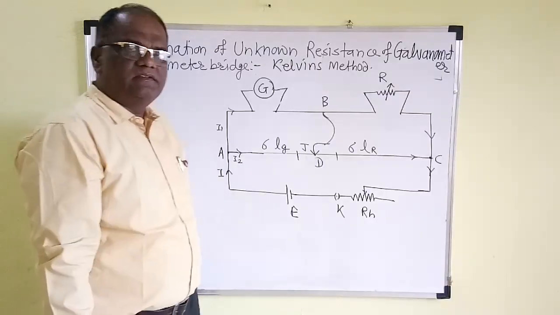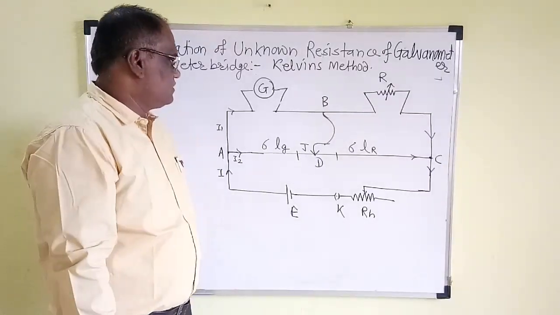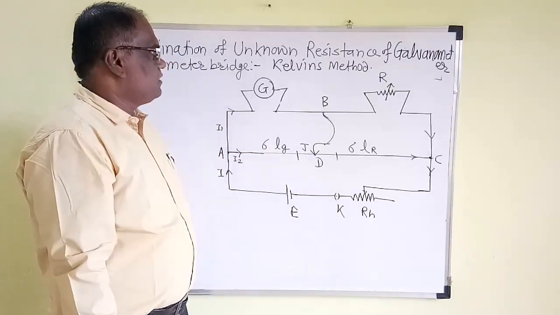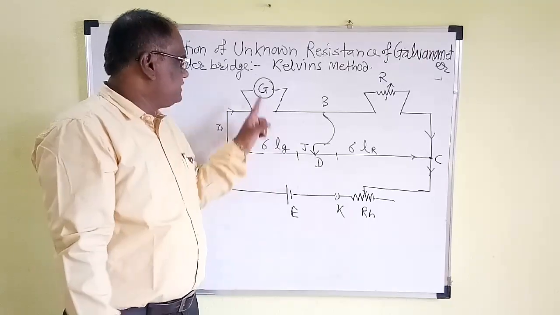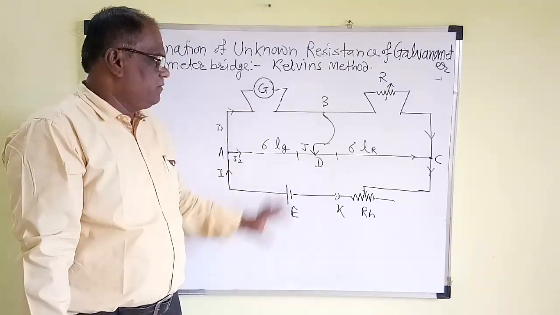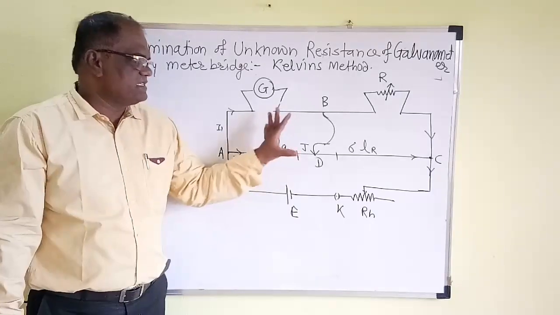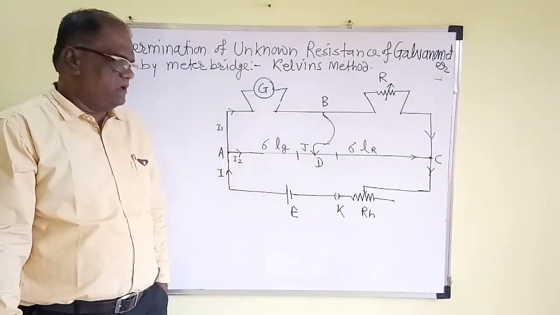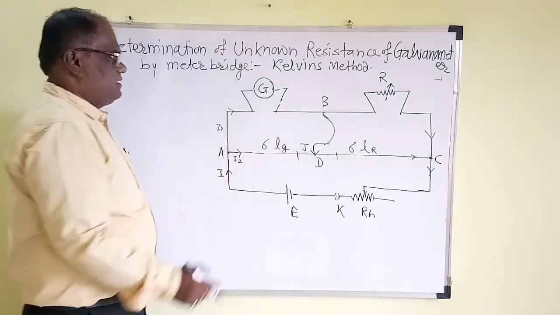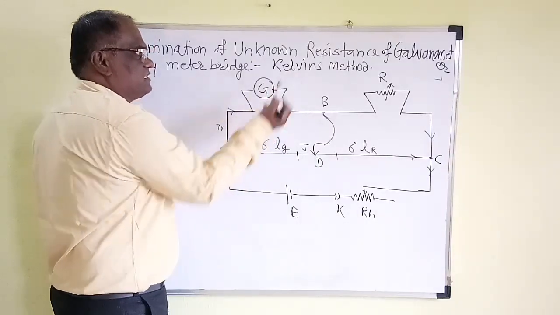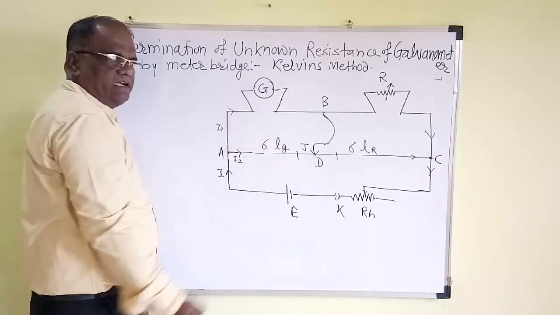Let us study another use of meter bridge apparatus. We can determine resistance of galvanometer by using meter bridge apparatus. For this, connections are made as shown in figure. Here, in the left gap, galvanometer whose resistance is to be determined is connected.